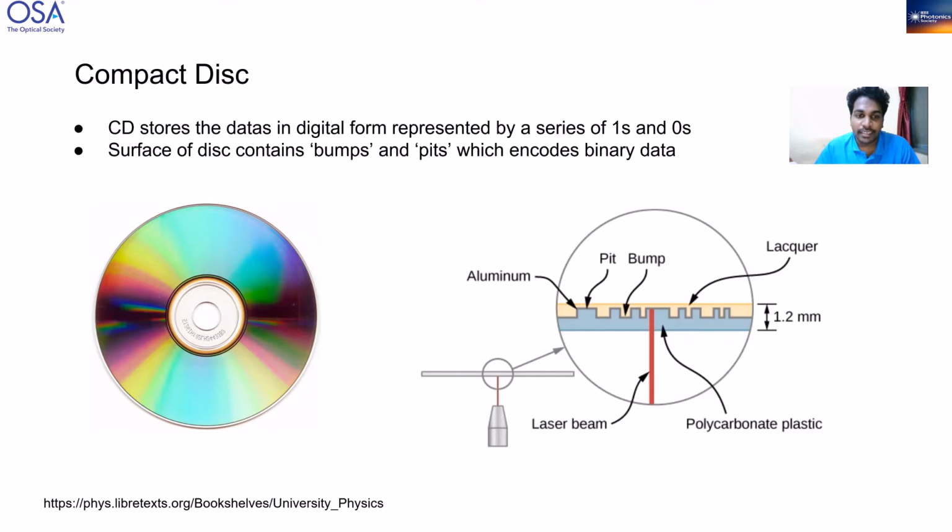If I cut the CD vertically, you can see it is composed of three layers. The base layer is polycarbonate plastic, and you can see pits and bumps in this design pattern. Over that there is an aluminium coating, the middle layer. On top of that is a lacquer layer, which acts as a protective layer.